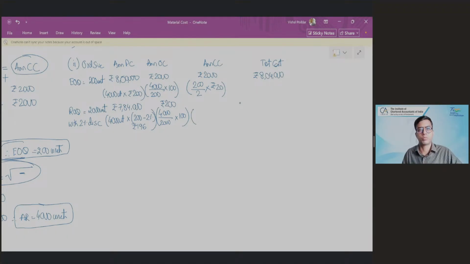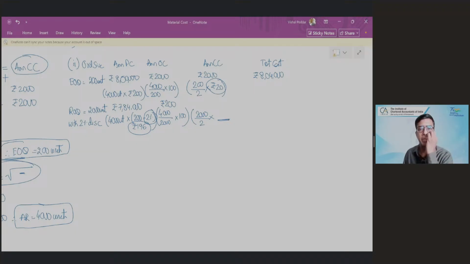Now, this is the key point. Here my order size is 2,000 upon 2 into C. Now, while taking this C, will I take rupees 20 only, which is the original C, or whether this discount, which has affected the cost, correct, na? The purchase price, will it also impact my C? That is the key point. Here, you have to read the question first.